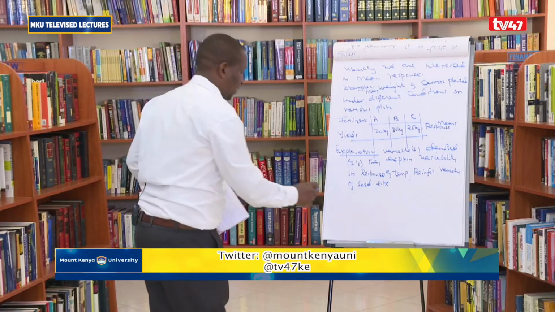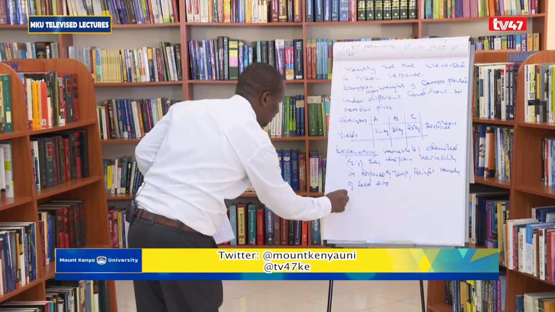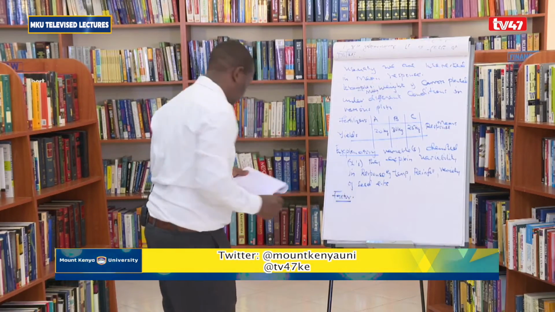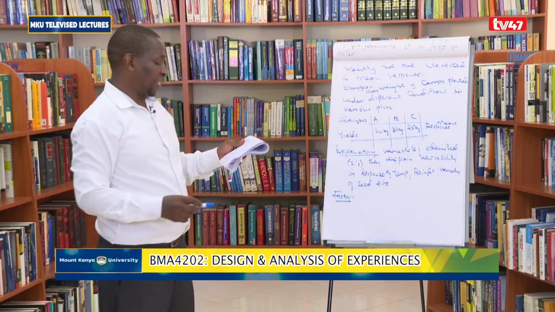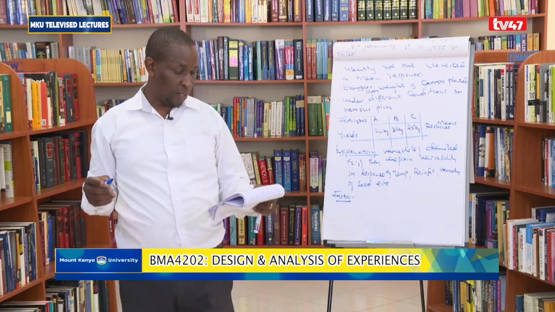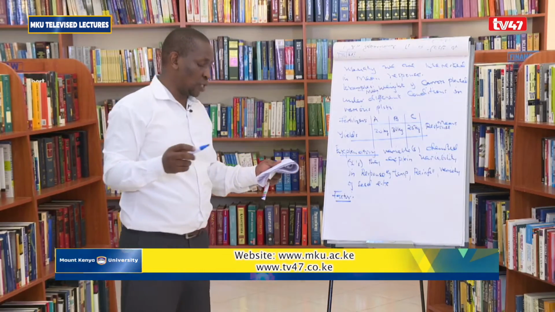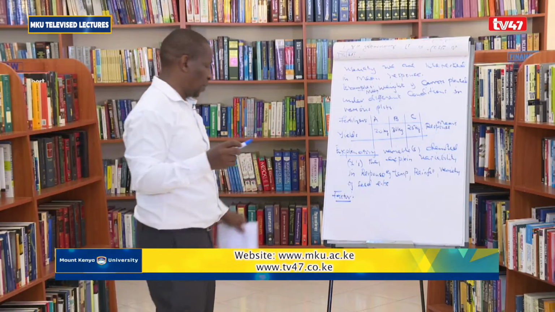Then what is a factor? A factor is simply a set of related treatments or characteristics or classifications used as an explanatory variable.